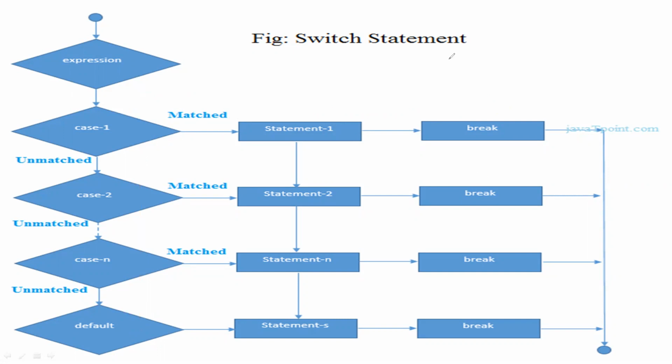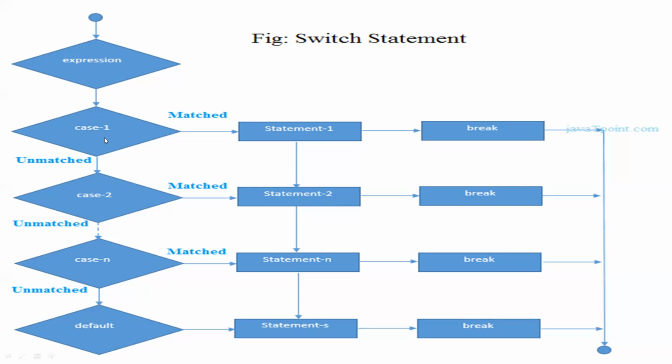Just observe the diagram. Here we have an expression. Under this expression, we verify case 1. If case 1 fails, we verify case 2. If case 2 fails, we verify case 3. If case 3 fails, we verify case 4, and so on, up to case n. If no cases are matched with our value, then it will execute the default case.